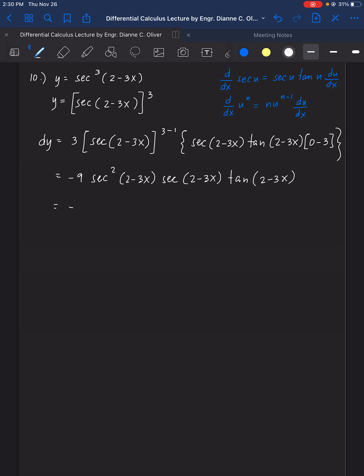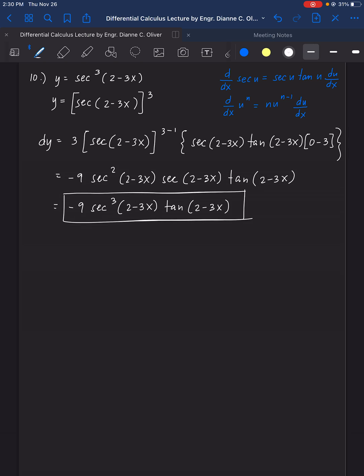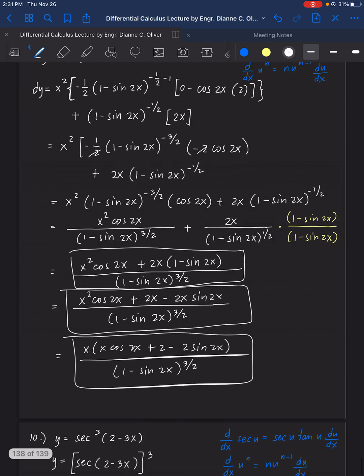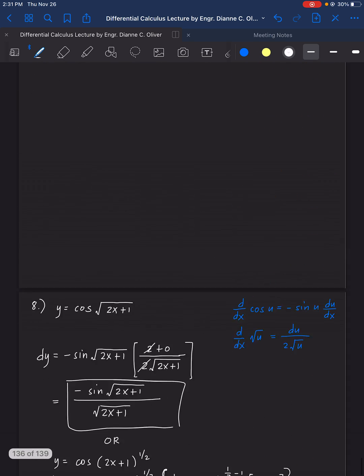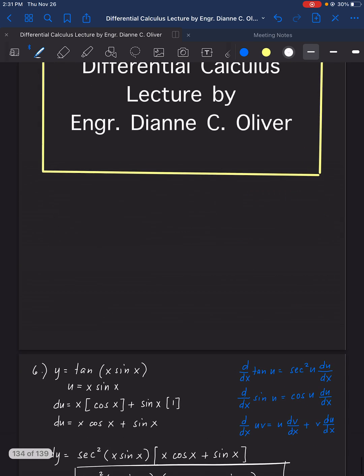Therefore, the final answer is negative 9 secant squared 2 minus 3x tangent 2 minus 3x. So this is for example number 10. Okay, so that's all for the topic trigonometric functions.